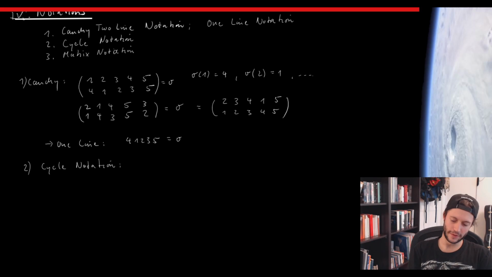Okay, for the same sigma, we do brackets. We start with a bracket. We pick one number, for example, the 1.